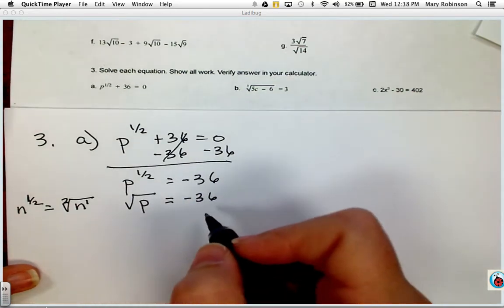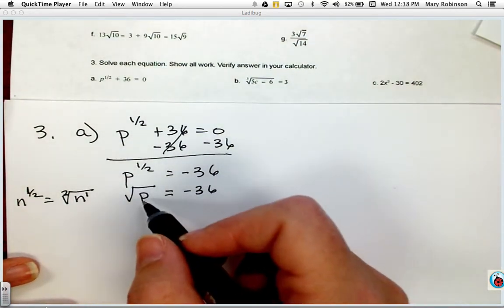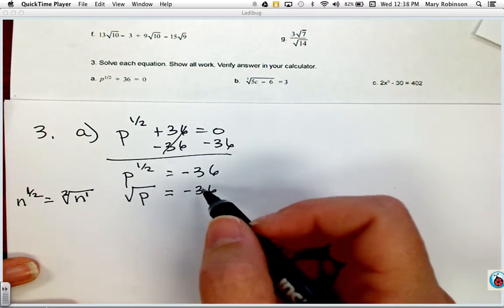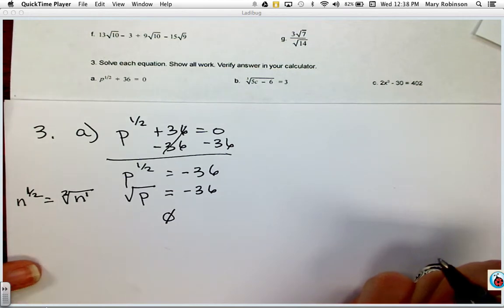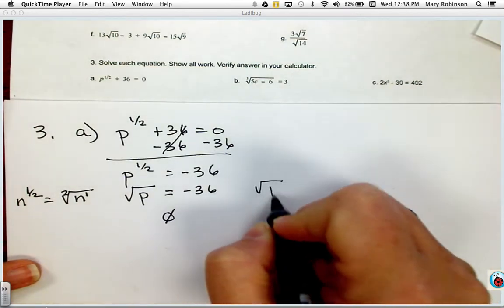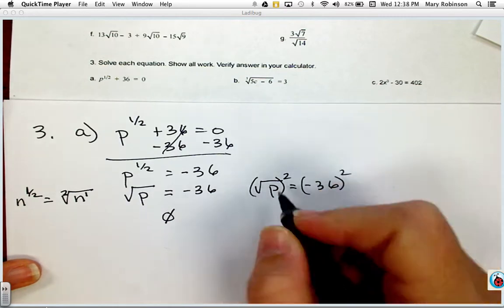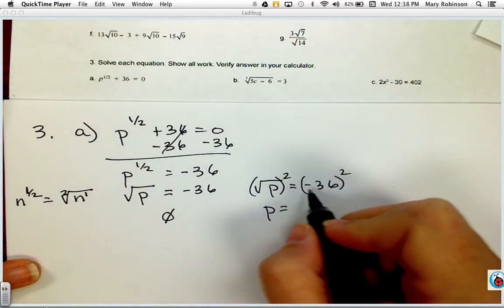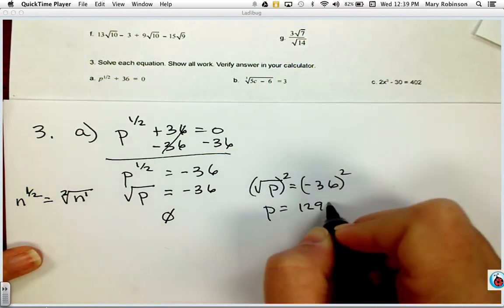If we understand that, then we should understand that the square root of any number cannot result in a negative value, which means that we in fact have no solution for this equation. But had we forgotten that and continued on with probably your next rational step, which would have been to square both sides, if we square negative 36, we get positive 1,296.